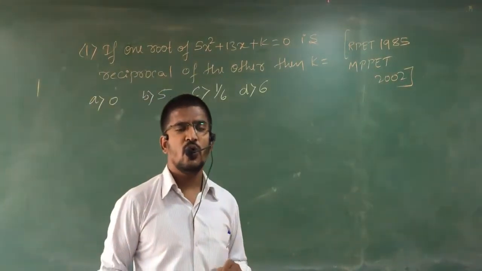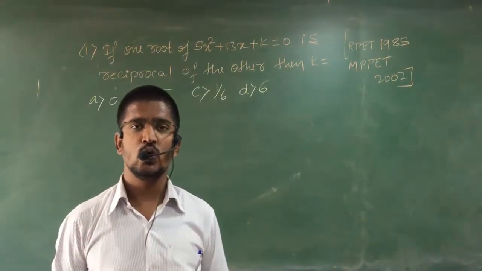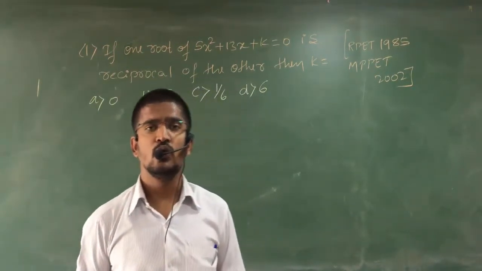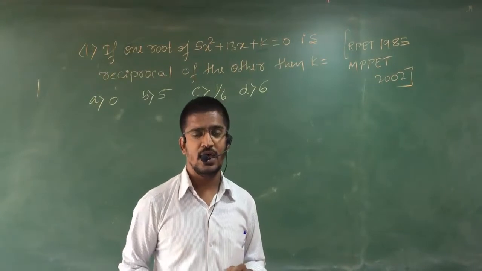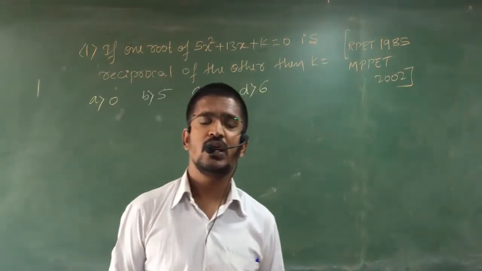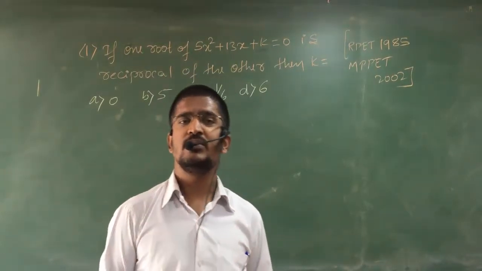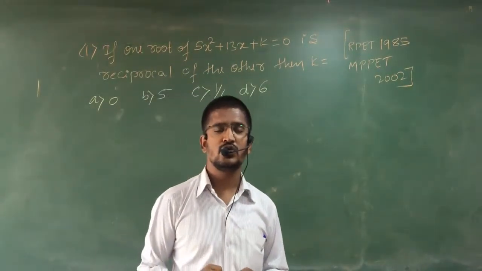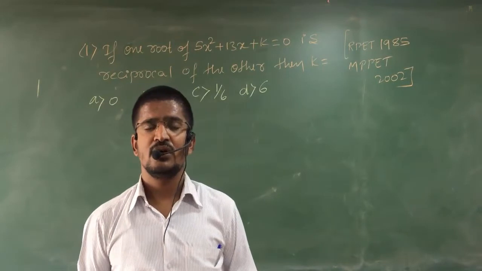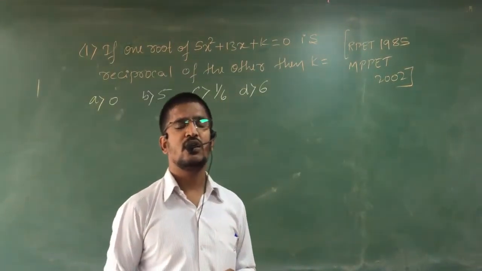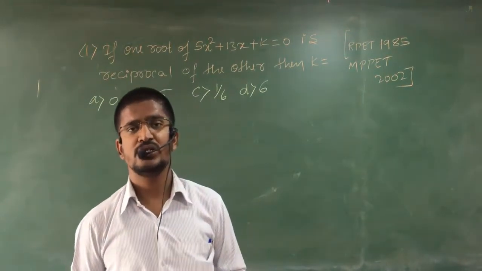So if you know alpha and beta are the two roots, you can write alpha plus beta equal to minus b by a and alpha into beta equal to c by a, by the rule of sum and product of the roots of ax square plus bx plus c equal to 0, because alpha and beta are going to be the roots of the algebraic equation.